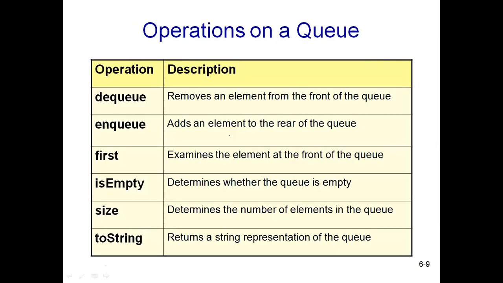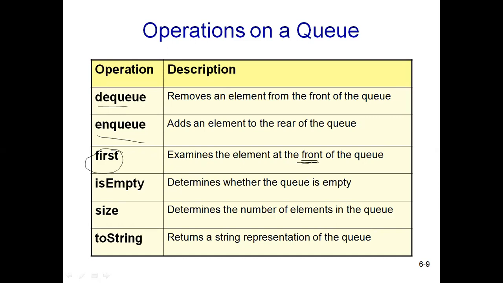Now, other main operations which are there in the queue, other than DQ and NQ. The first operation gives the first element in the queue. Which element becomes the first? The element on the front side.